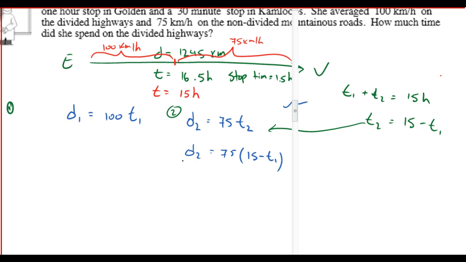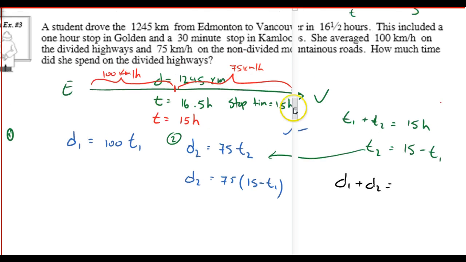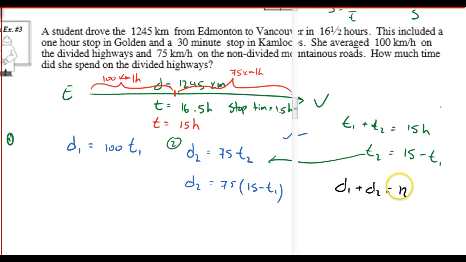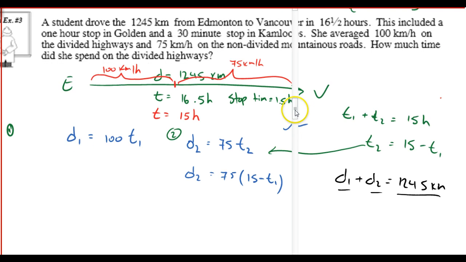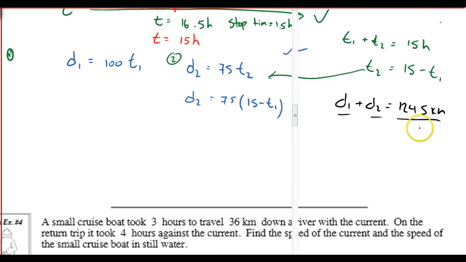Now I've gotten rid of one of my variables, and I still have D1 and D2. But luckily I also know that D1 plus D2, the two distances on the two highways, equal the total distance, which was 1245 kilometers. So I can add these two equations and make them equal 1245.